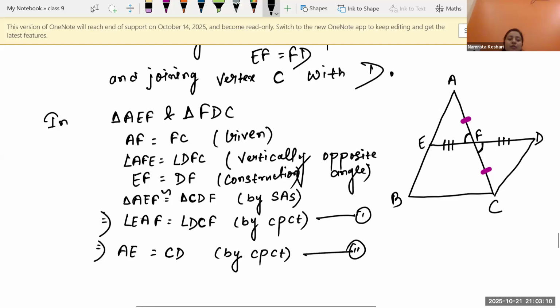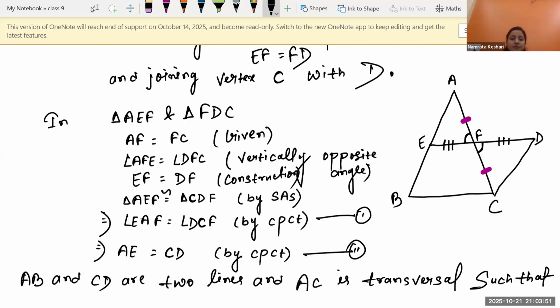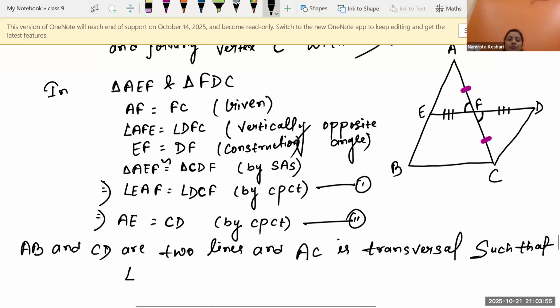Now we will say from 1, let's write properly that AB and CD are two lines and AC is a transversal such that angle A over here, you can write EAF, is equal to DCF, from 1.